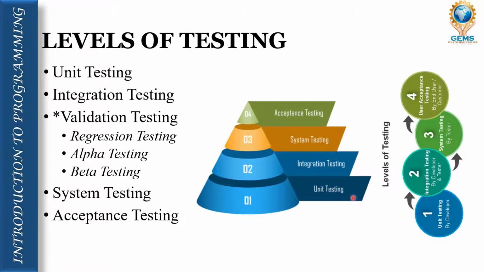First we have unit testing, second integration testing, third system testing, and fourth acceptance testing. Unit testing is performed by the developer, integration testing by the developer and tester, system testing by the tester, and acceptance testing by the end user, called the customer. So we will see them one by one. Let's start.